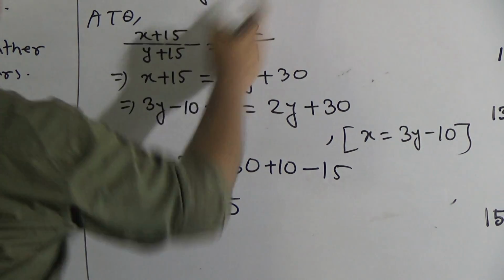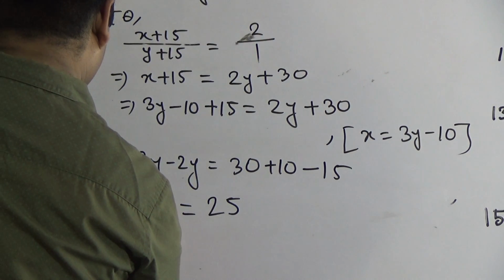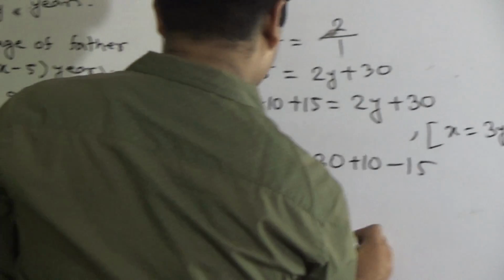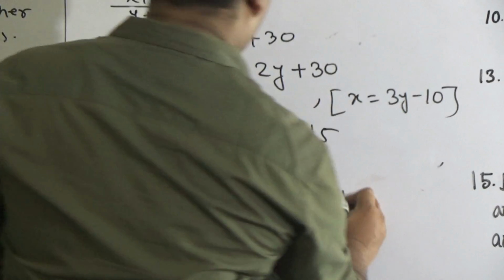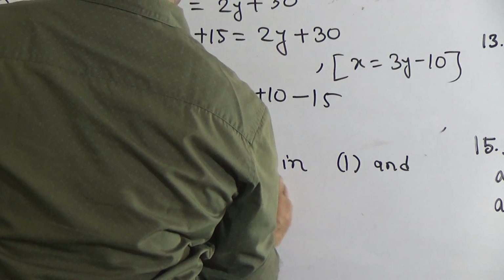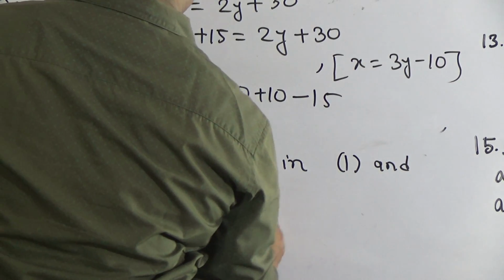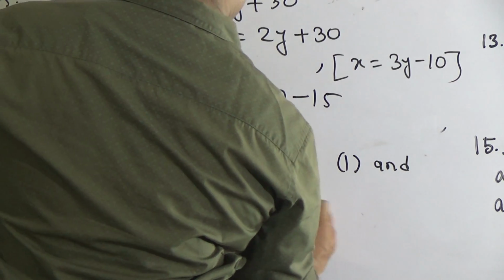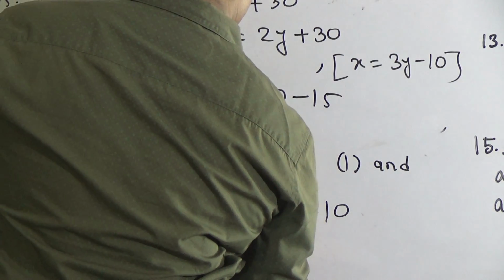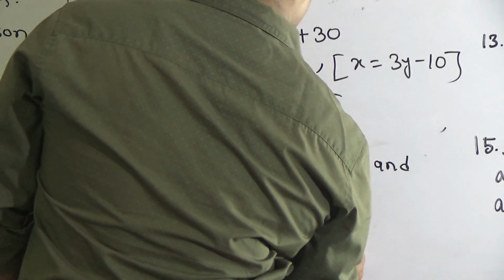We put the value in equation 1. Putting the value in 1 we get x equal to 3 into 25 minus 10. Therefore x equal to 75 minus 10.